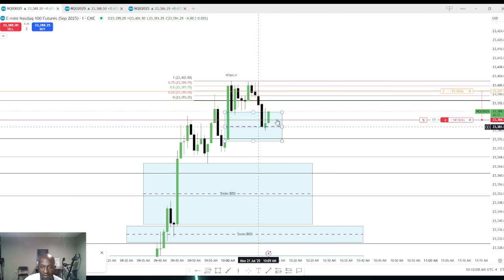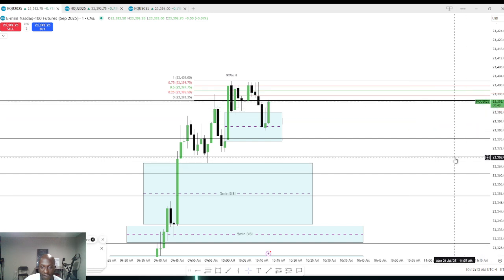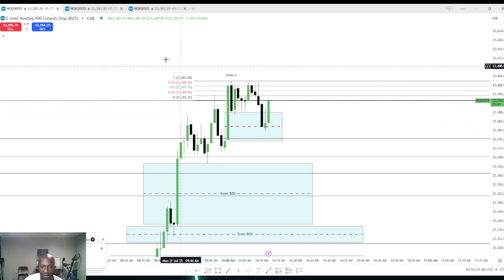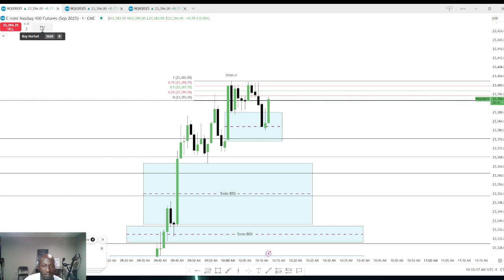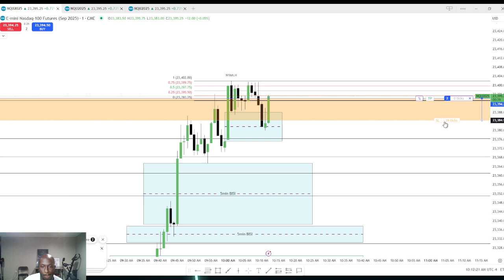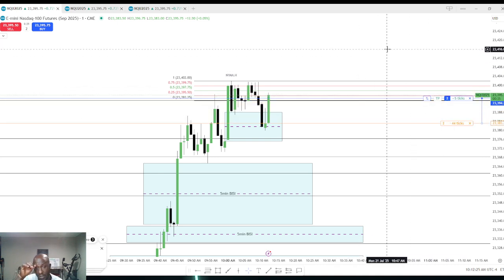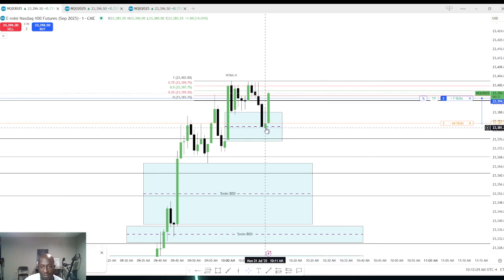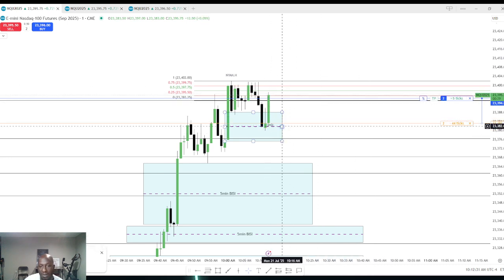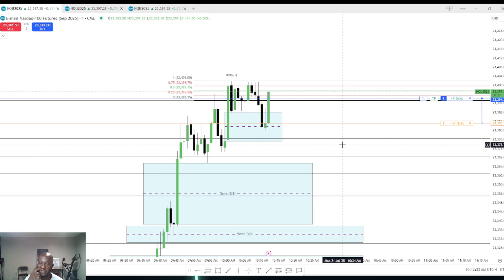We didn't close below it. No, we're just going to hold that and see where we get to. I should have waited to see if we're going to close below this to go short. Jumped the gun, was in it too early.